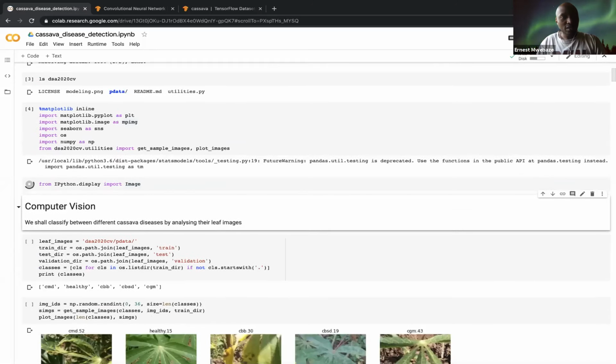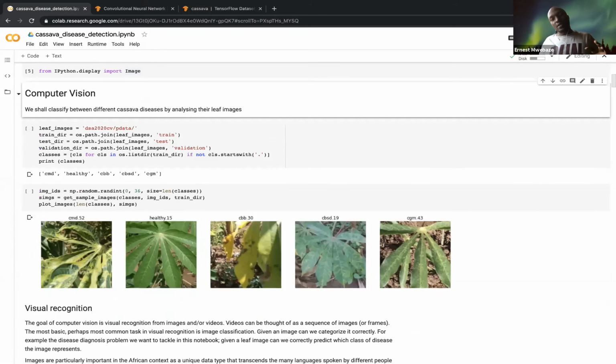Okay. So what do we want to do with this in the computer vision session? We want to take a typical problem that you would want to solve in the context of Africa. And I know many people have worked on this problem or are probably working on similar problems. So you want to take the data that John presented, for example, the cassava data that we had.